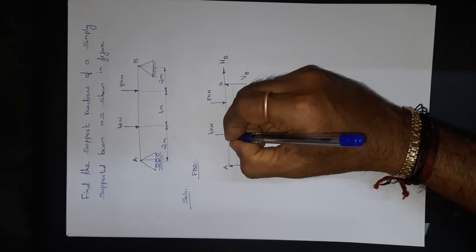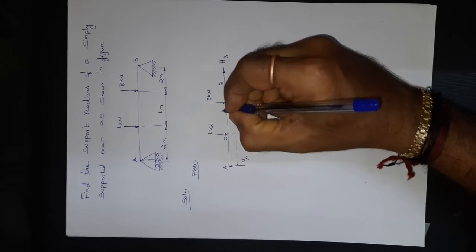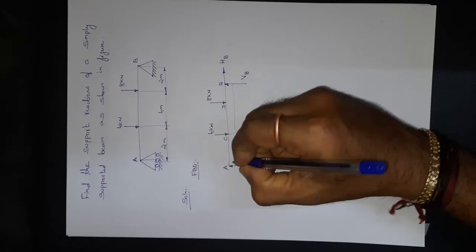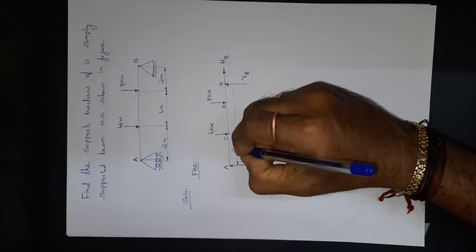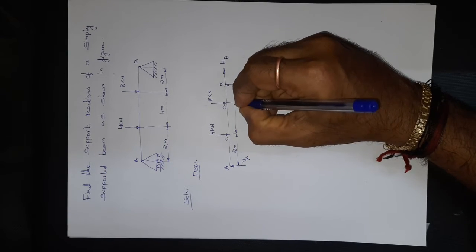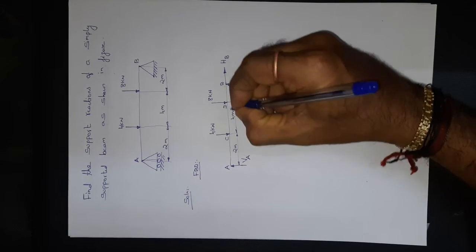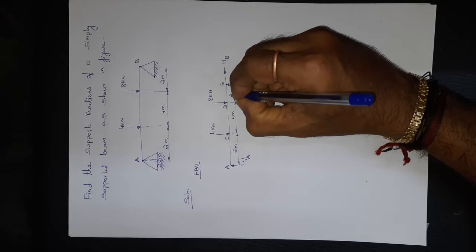Since A and B are given, let me name these points C and D. Between A and C it is 2 meter, between C and D it is 4 meter, and between D and B it is 2 meter.